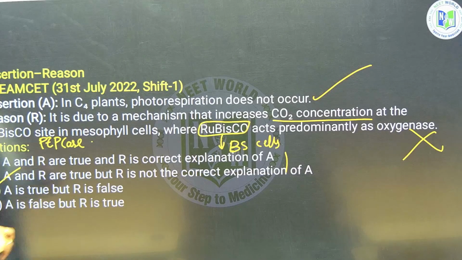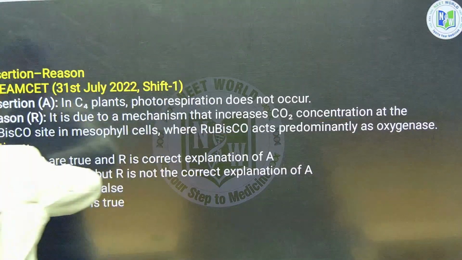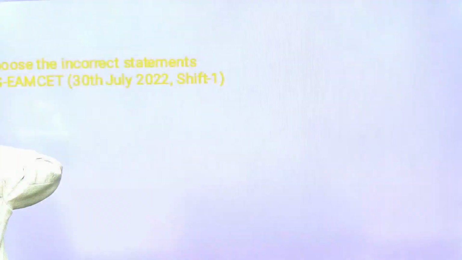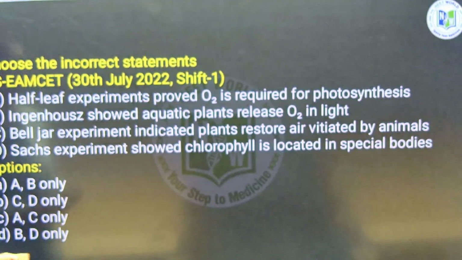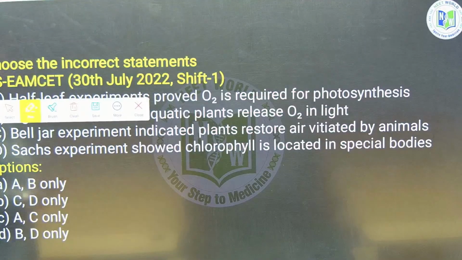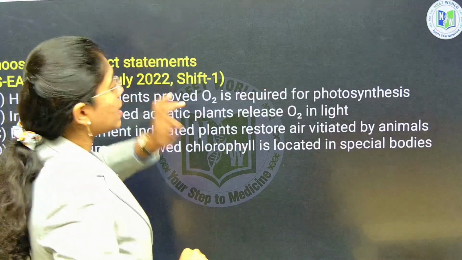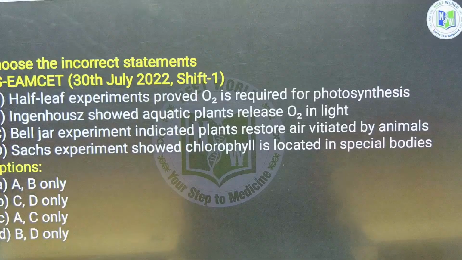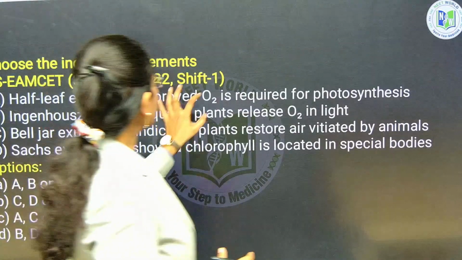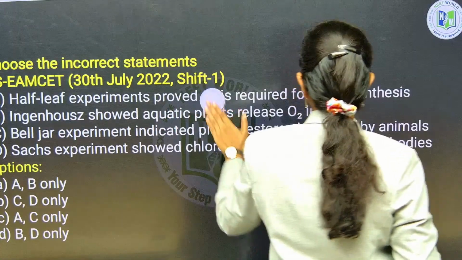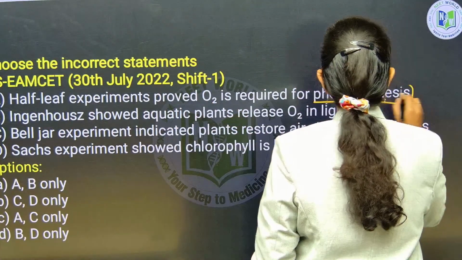Now, next question. Choose the incorrect statement. This is a statement based question on discoveries. In a single slide itself we have learnt all the discoveries. Look into it and answer carefully. Half-leaf experiments proved oxygen is required for photosynthesis.